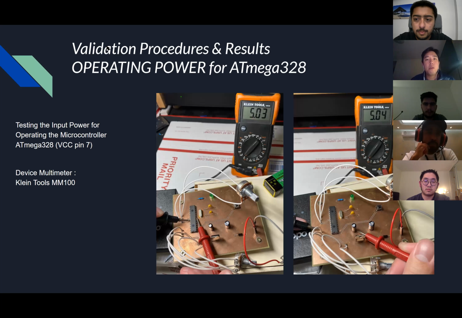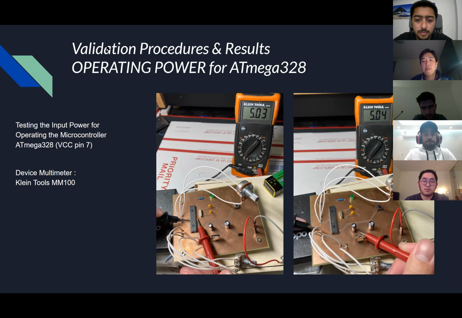For the validation procedure and the result, firstly, we're testing the operating power for the Atmega 328. I'm using the Clone Tool MM100 multimeter. I applied the positive probe to the output of the capacitor at the regulator, and I applied the negative probe to the ground.